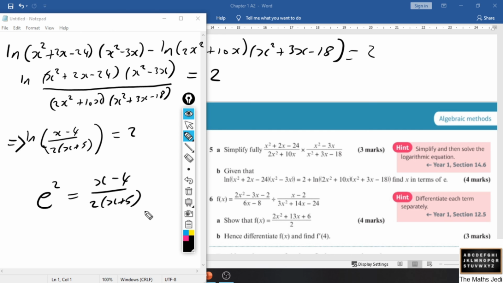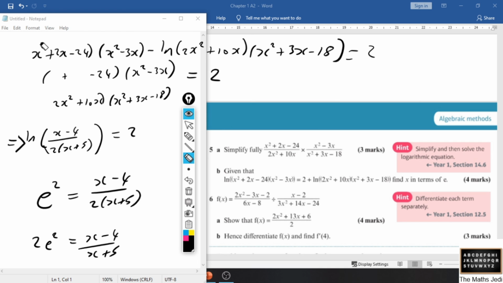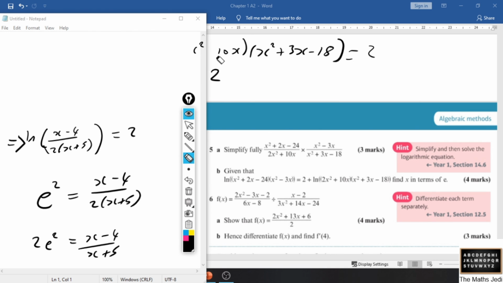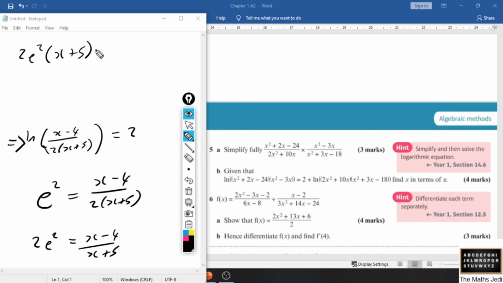Now we've got some algebraic manipulation to do. So I'm going to multiply everything by 2, first of all. Multiply everything by x plus 5. Multiply out my brackets.